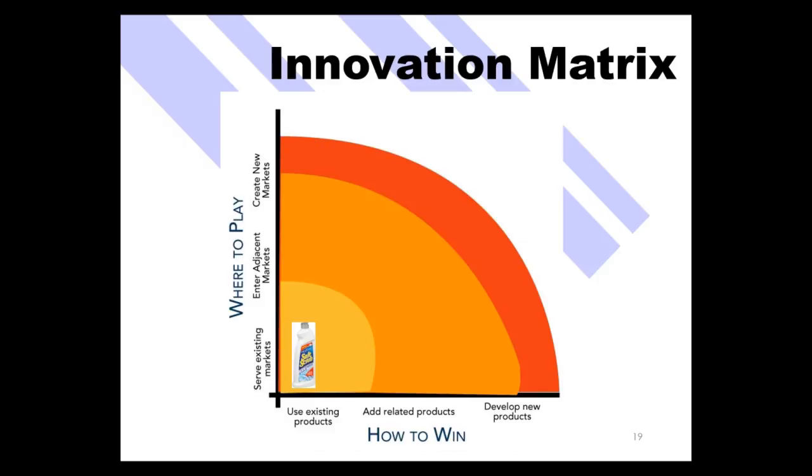I'm going to talk about a product that completely changed the fortunes of Apple Incorporated. You probably immediately think of iPhone, but there never would have been an iPhone, there never would have been an iPad had there not first been an iPod. Now, the iPod was a new to the world product, a new product in new markets, and so this was way out on the innovation matrix.